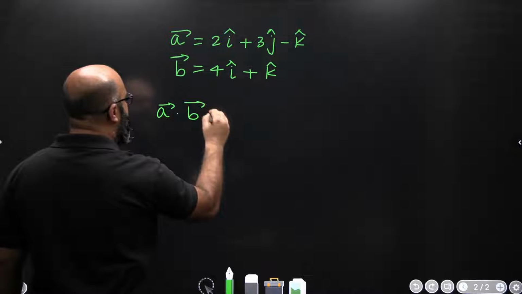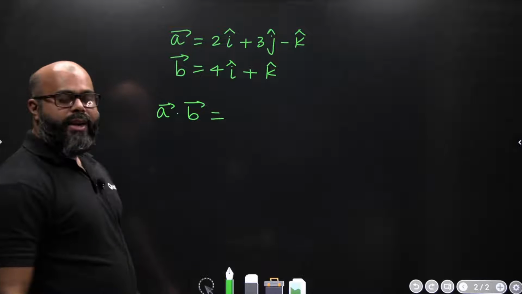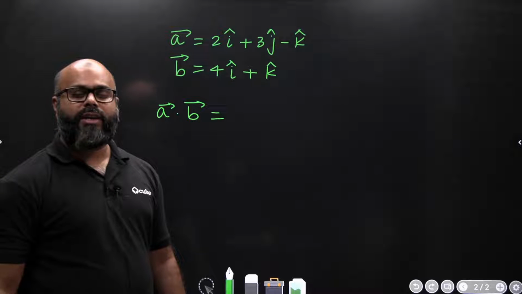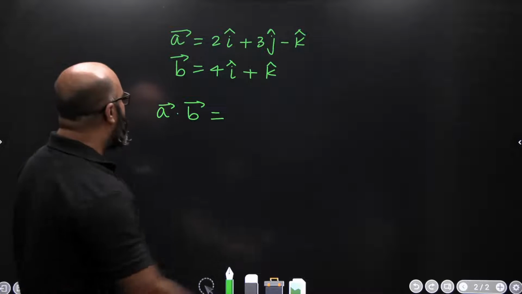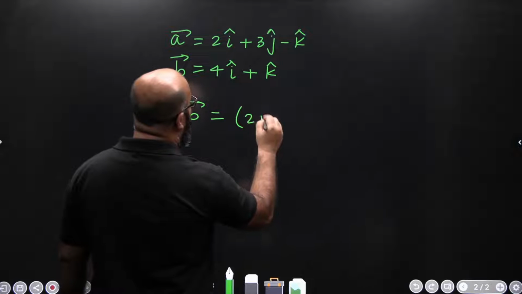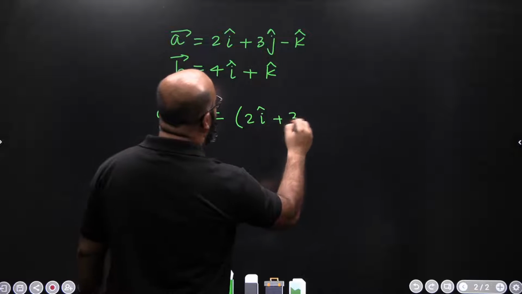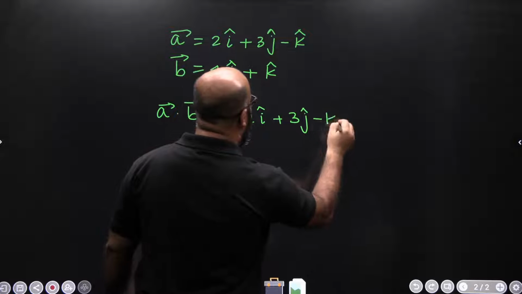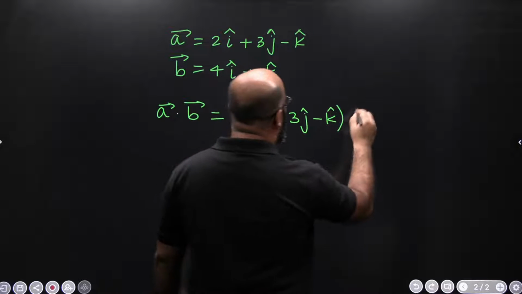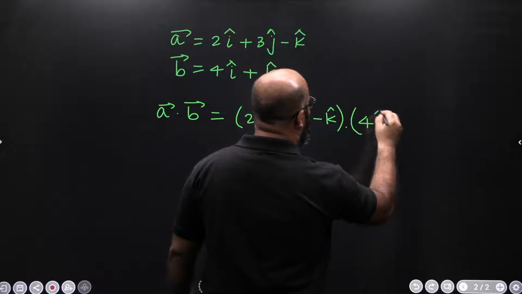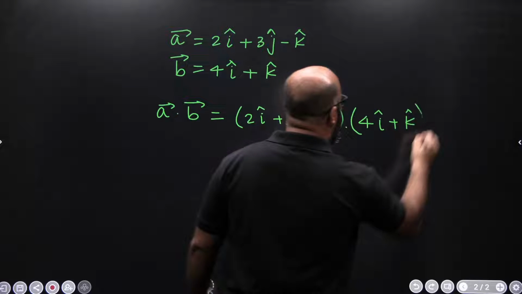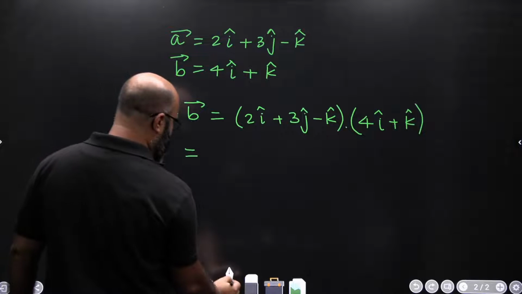In that case, how do you find a dot b? This is when the vectors are given in components. So you write 2i cap plus 3j cap minus k cap dot 4i cap plus k cap. Now when you do the dot product, what will happen?